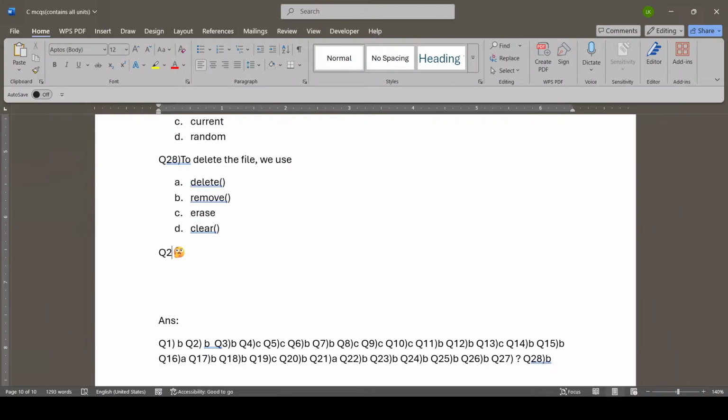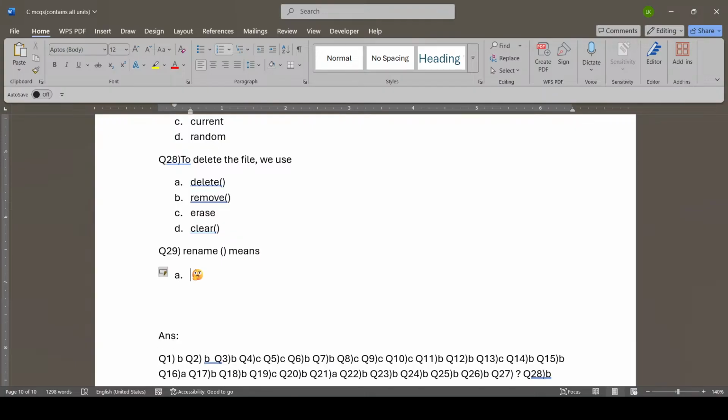Question 29. So we have here rename means, first is change, let's give one option there.